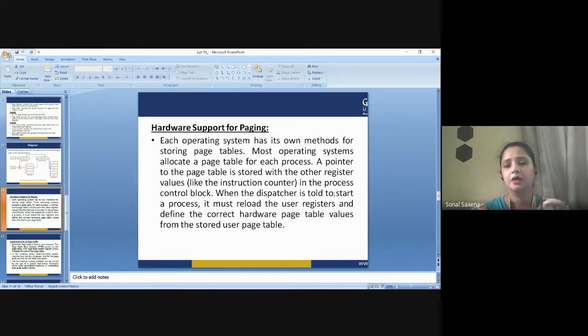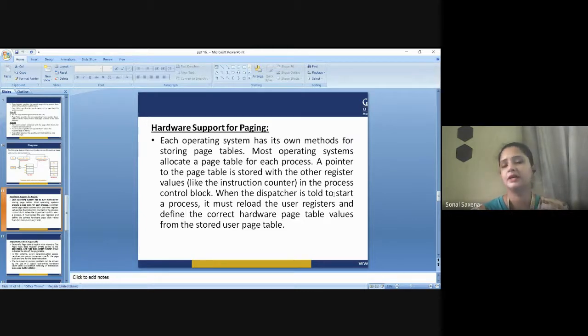Now, most operating systems allocate a page table for each process. I have told you this: for every process, there is a page table, right? And do remember, a process has its own life cycle. A process doesn't remain in your memory permanently. It will be created whenever it is required, and it will get demolished whenever it is done with execution.